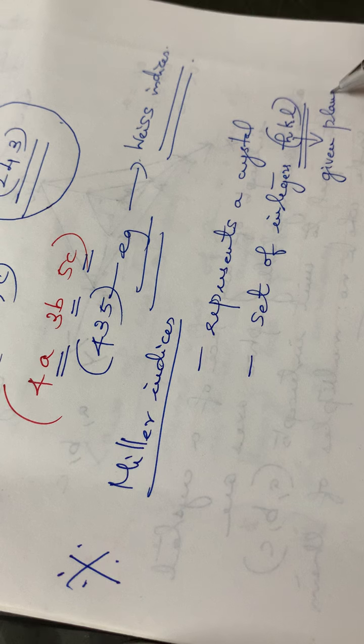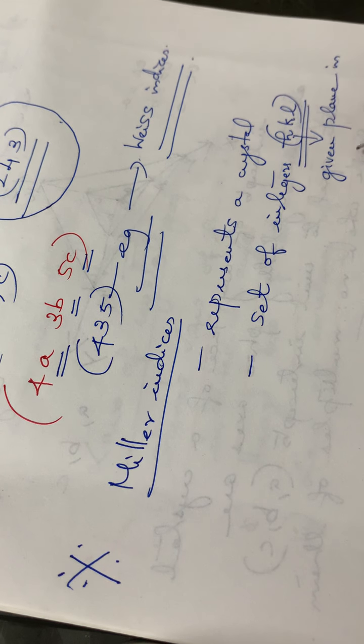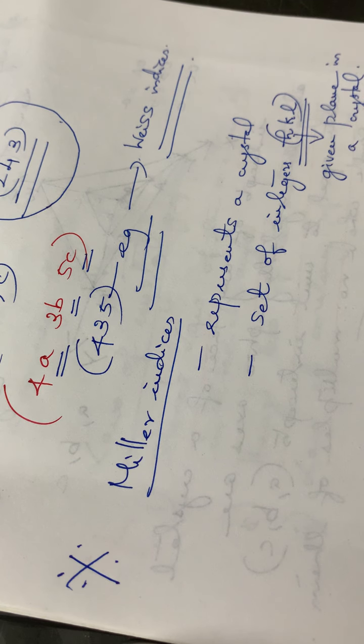This HKL represents a given plane in a crystal. For a crystal to be represented, we use these three integers H, K and L. Now you have to go through how these Miller indices are calculated.